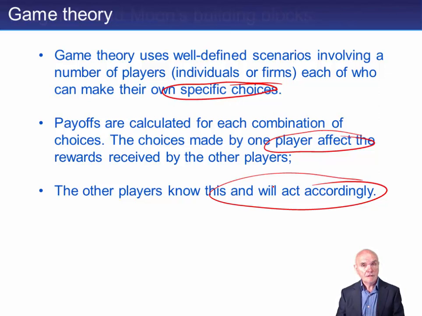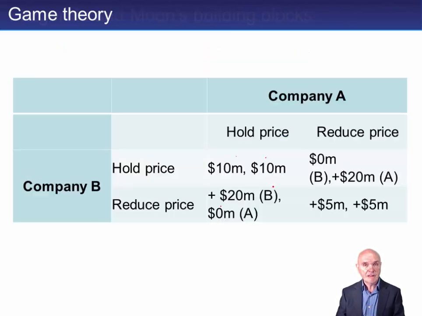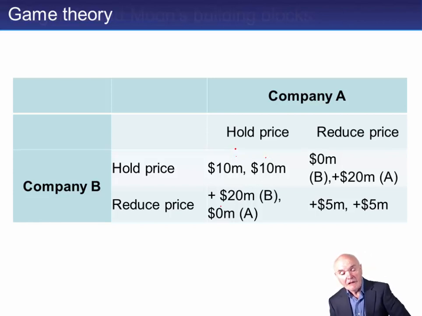We don't need to look in too much detail at this, but here's the example which is in the notes here. Let's say we're two large companies supplying the market, and at the minute, if they held up prices, they would each make sales of 10 million. Let's say we're company A, and we're thinking, should I hold my price or should I reduce my price?